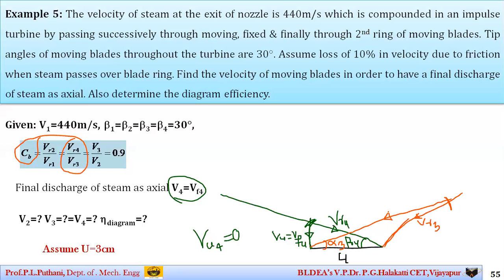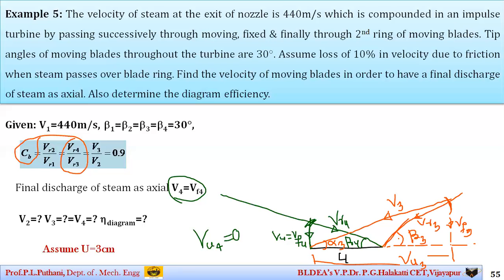This is my length V3. So extend it to the other side to complete. This is VF3, and from here to here entirely it is VU3. Measure all these values. So you can see here we have completed the bottom velocity triangle.